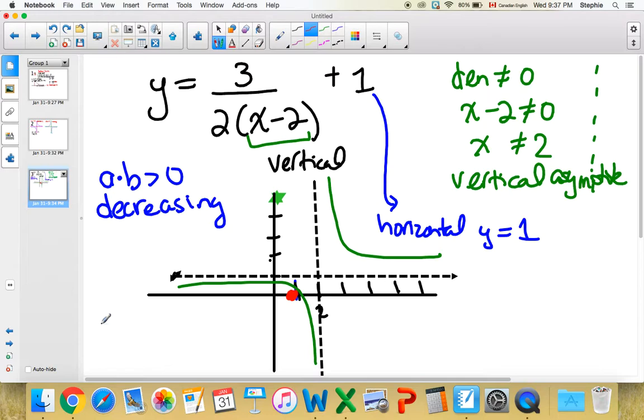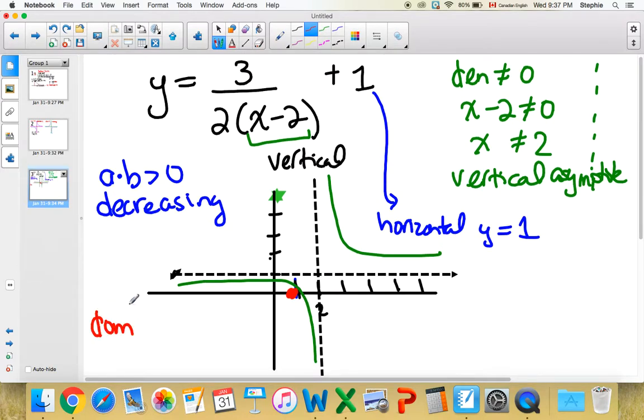So your domain is going to be all the reals except the vertical asymptote, which is 2. So it will never hit it at 2. And range is going to be all your y's. And that's going to be everything except your k, and that's 1.